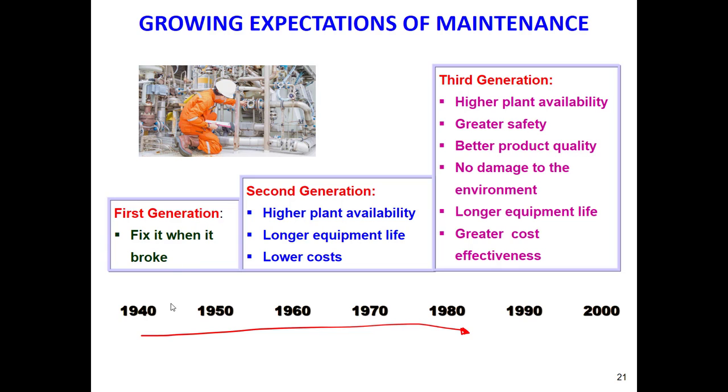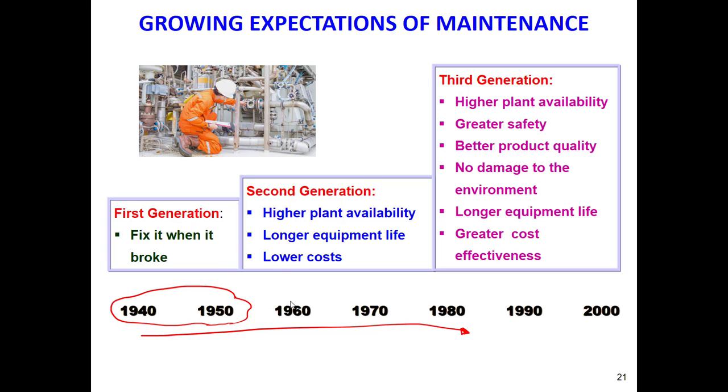Before, in those early years of the industrial revolution, most of the plants just started producing products. So the maintenance was just fix it when it's broken. Okay, they were waiting to see if something is broken, it's not working, and they were fixing it.